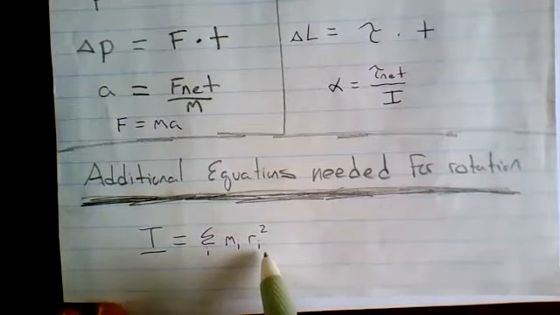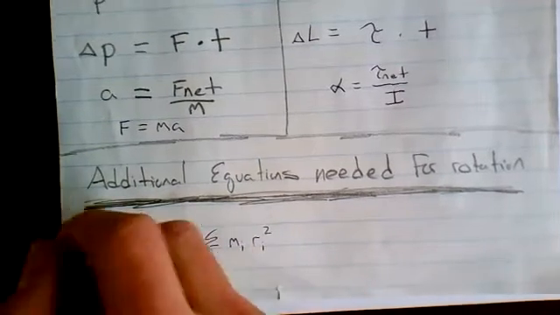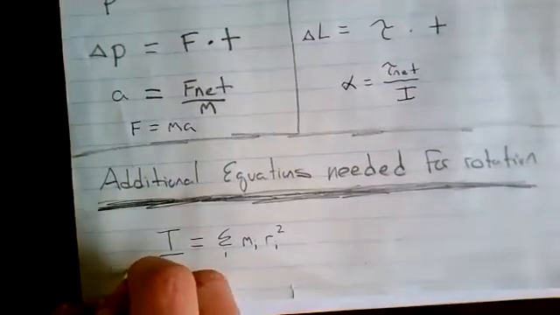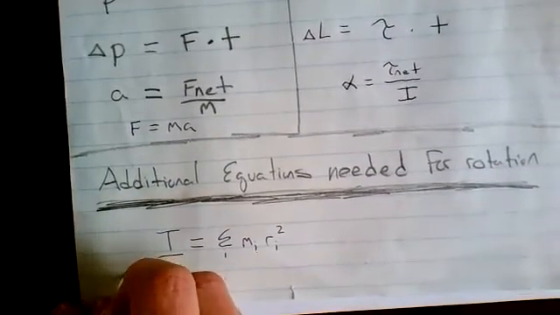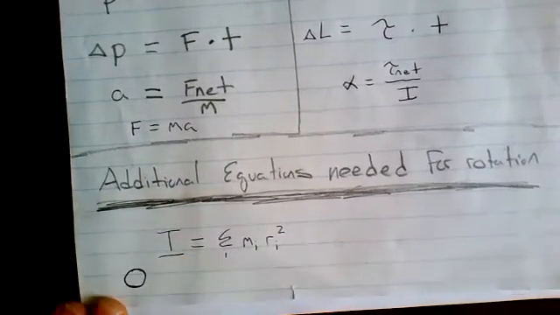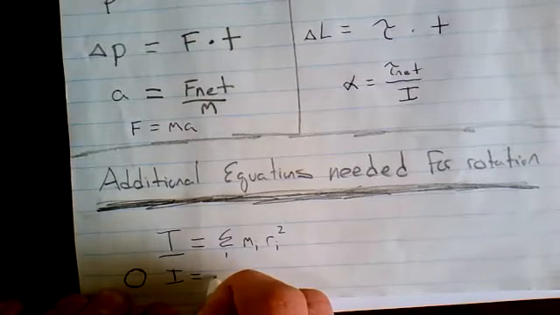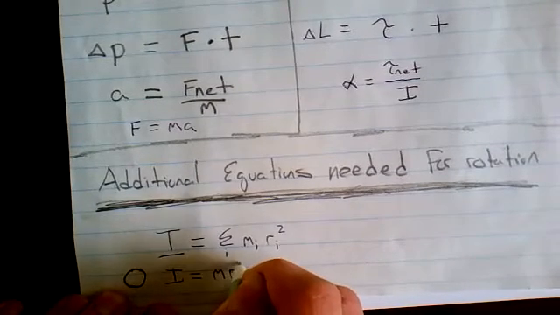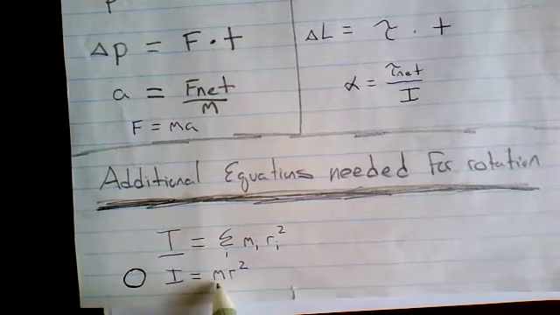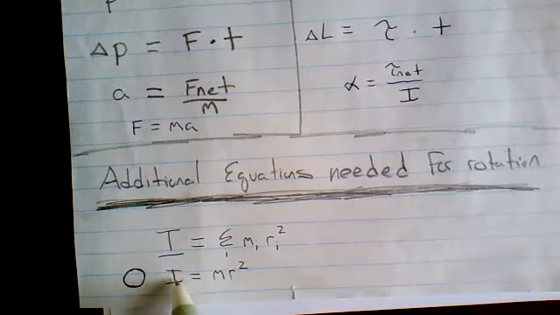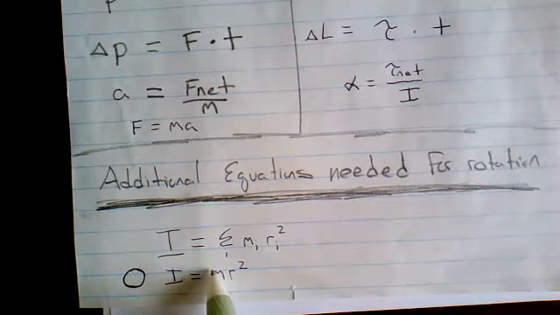Remember that we often think about this object that is a ring that has all of its mass on the outside. For that ring object, I equals mr squared because all of the mass is at the radius. Most other objects are going to have an I that's lower. You get a lower I by adding some fraction right here.